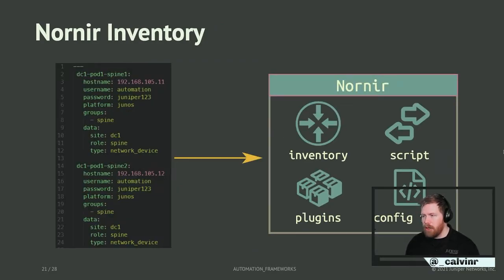With Nornir, the inventory looks a little bit different, but it is a YAML-based file because that's arguably still the easiest data format for us to work with as humans in our limited human brain capacity. But just because the data format of the inventory file is YAML, and so is the config file, spoiler alert, that doesn't mean that it's not a pure Python framework. Everything from an execution perspective is still 100% pure Python.